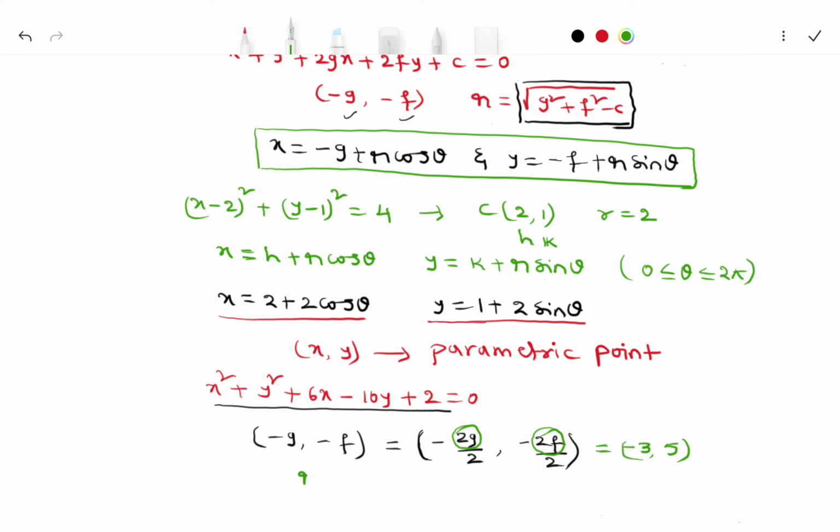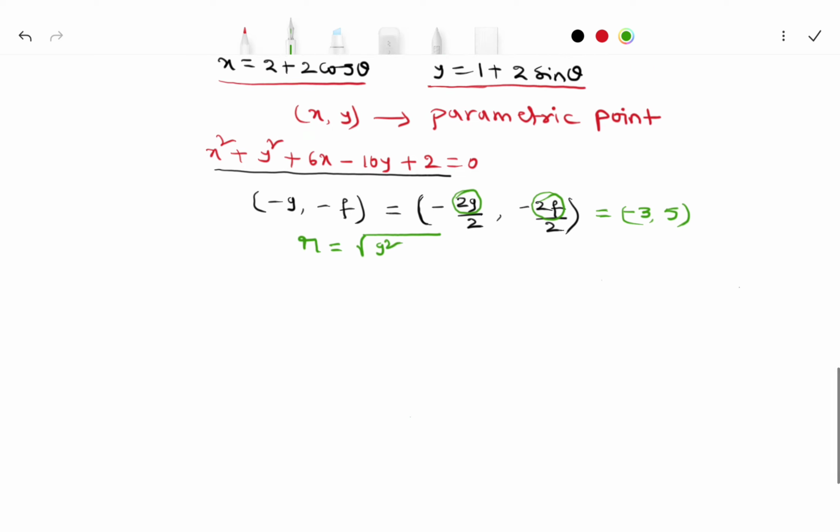And next, what is the radius? r equals root of g squared plus f squared minus c. Now you know the g value and f value. Here minus g equals minus 3, so g squared equals 9, and minus f equals 5, so f squared is 25, and c, the constant in the circle, is 2.